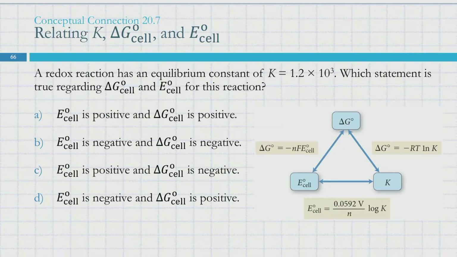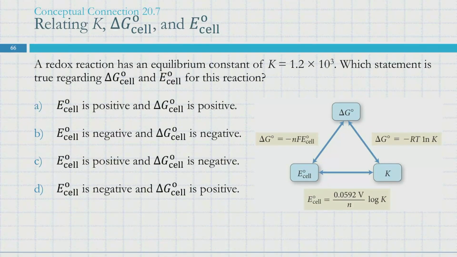All right, what do we think about E and delta G, given this K? K is always going to be positive.